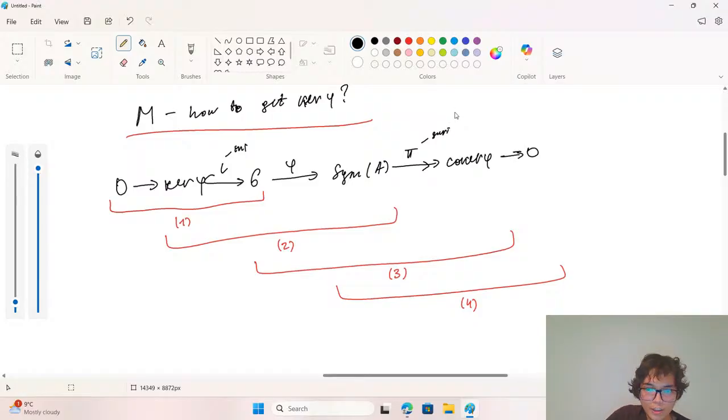I define the co-kernel such that this pi is surjective. So instead of trying to construct the co-kernel, I am defining it. That's a very slight difference, but very crucial, I would say.